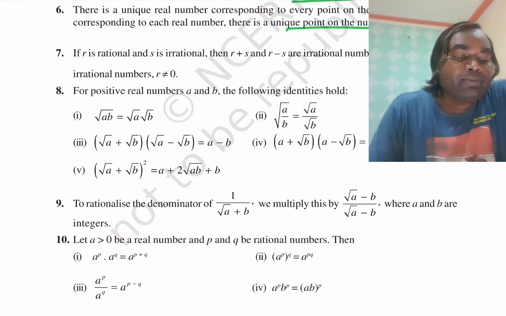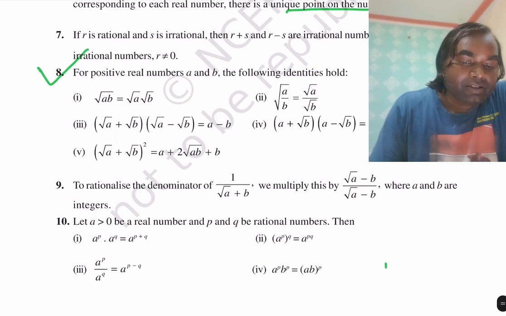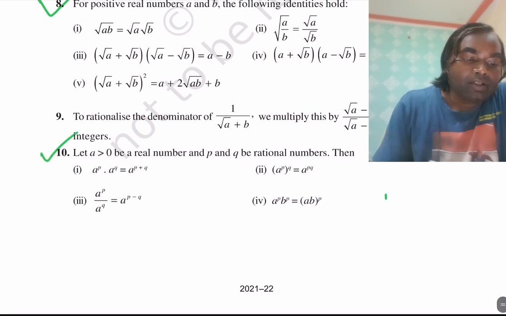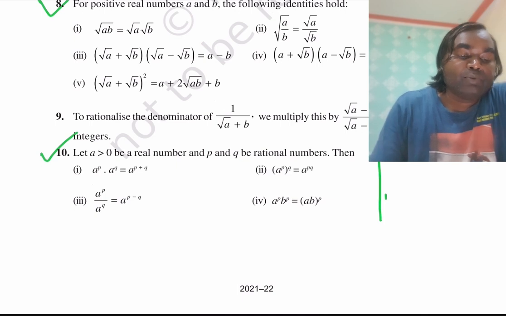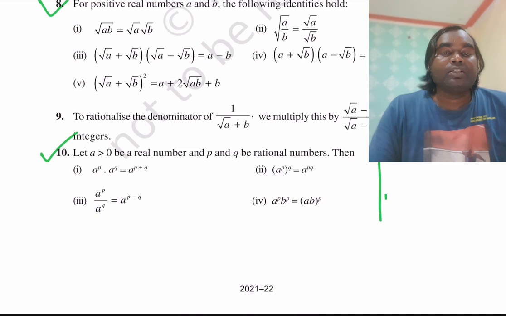For positive real numbers a and b, the following identities hold. So remember this. These are some results. You should memorize this and understand how it is working.